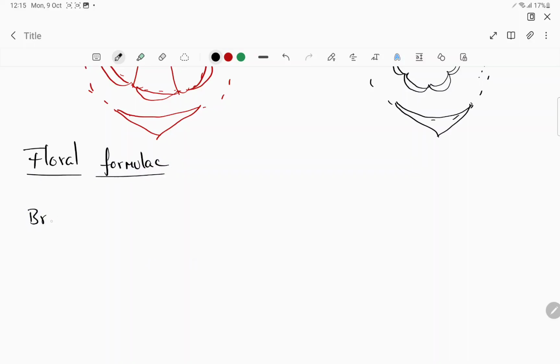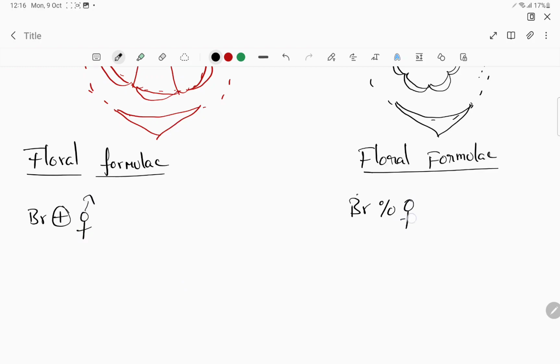So these are bracteate, and for the ray florets floral formula, these are also bracteate. Sorry, this is actinomorphic, and here we have zygomorphic. Bisexual here; here it is unisexual, pistillate or neuter.